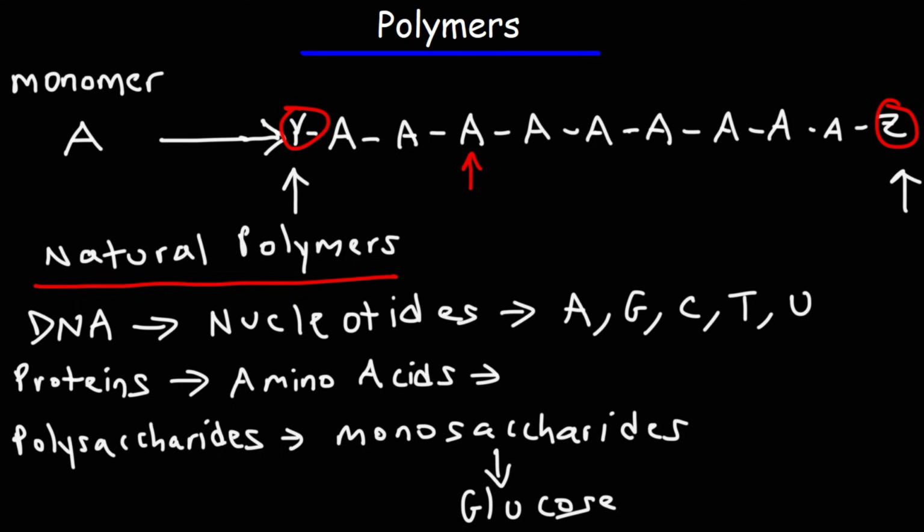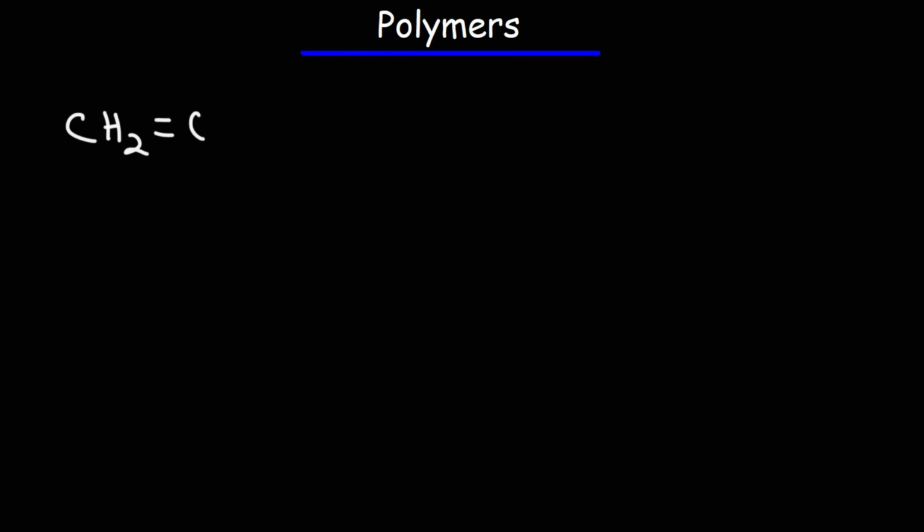Now, in the context of organic chemistry, a common monomer that you're going to see is ethylene and substituted ethylene molecules. So here's ethylene, also known as ethene. It's a 2-carbon alkene.